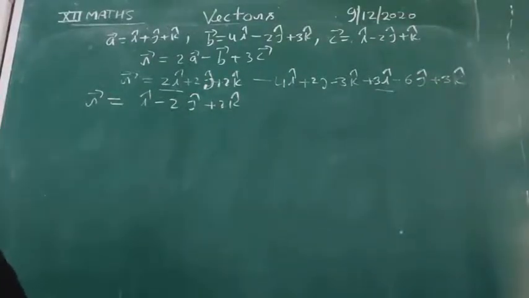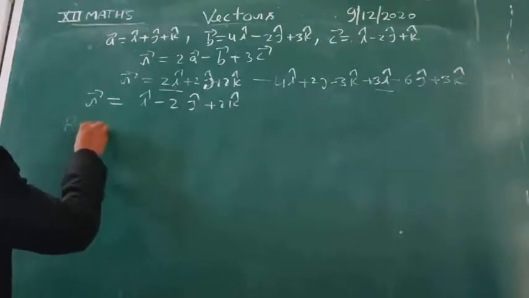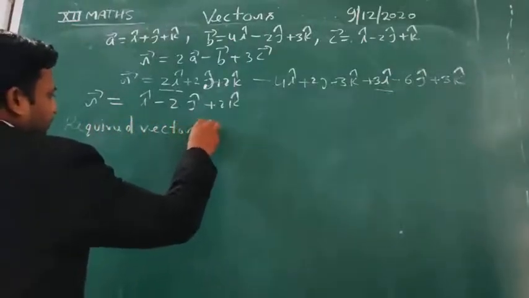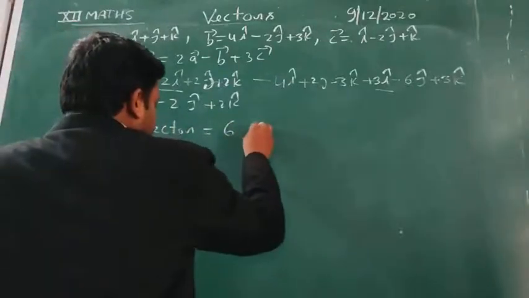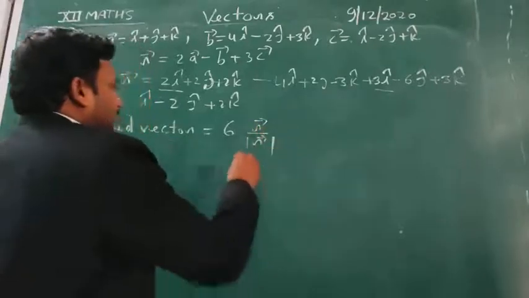Now the question says to find a vector of magnitude 6 units which is parallel to this vector. So, student, we will find the vector that has magnitude 6 units and is parallel to r. So the required vector is 6 times vector r by magnitude of vector r.